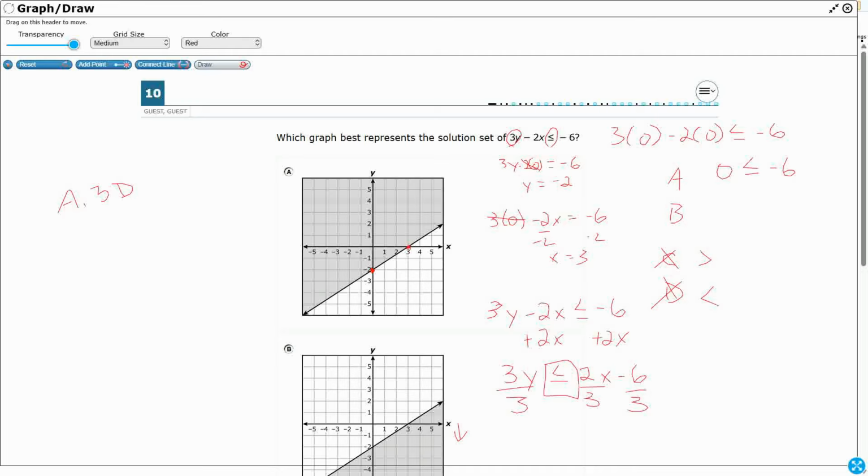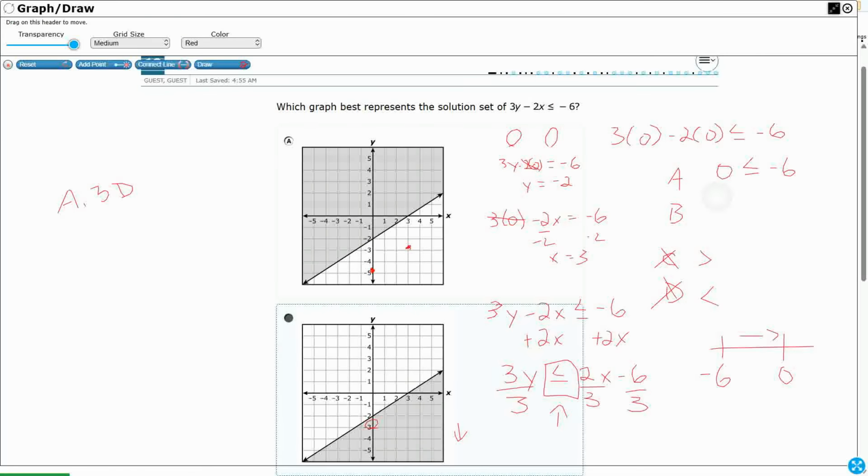No, 0 is actually greater than negative 6, because if you look at it on a number line, here's 0, here's negative 6. 0 is greater, which means 0 is not going to be in our solution set, which means B is our answer. We also could have gotten that by just looking at our less than or equal to sign, but I wanted to show you multiple ways.